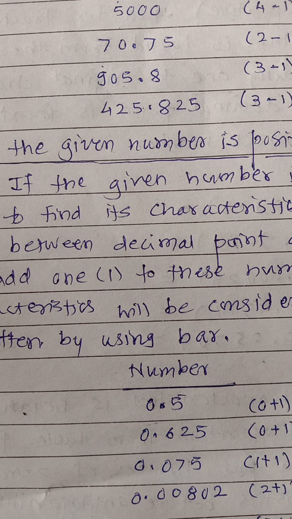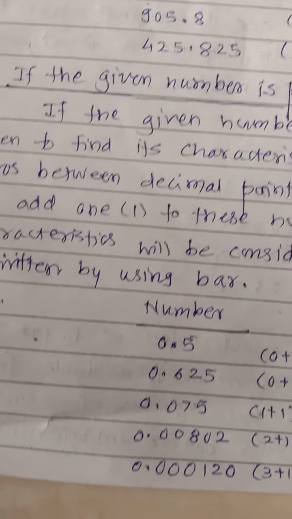That means if the number of zeros between the decimal point and the next non-zero digit is 0, then 0 plus 1 is equal to 1, so it will be written as 1 bar. If the number of zeros is 1, then 1 plus 1 is 2, and therefore the characteristic will be 2 bar. So like this the characteristic will be decided.